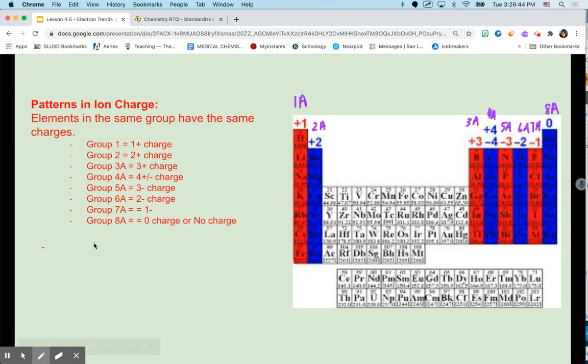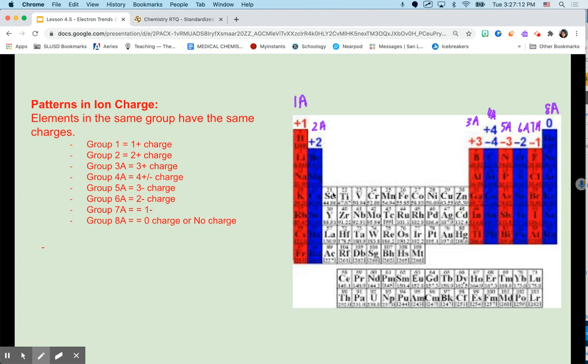Okay. So one of the last things you need to know in terms of patterns in the periodic table is that elements that are in the same group also have the same charges. Right? So notice that elements in group 1A all have a charge of 1 plus, 2A has 2 plus, and then you might be wondering that so far in this video, I've kind of been ignoring these.